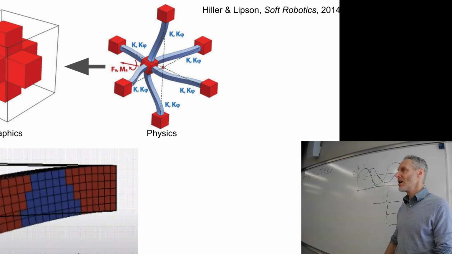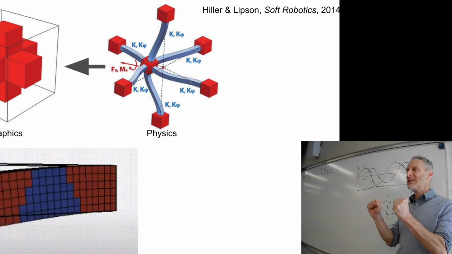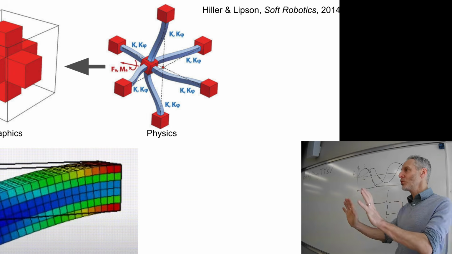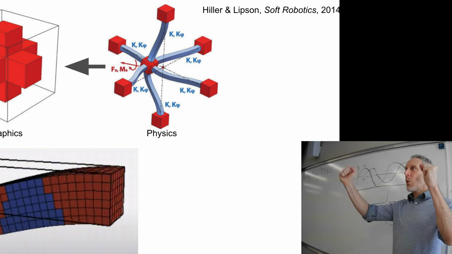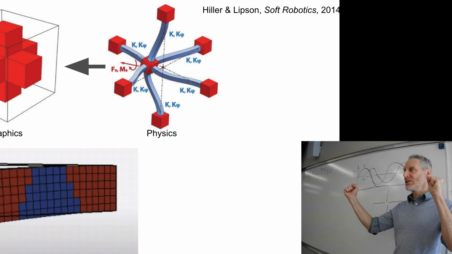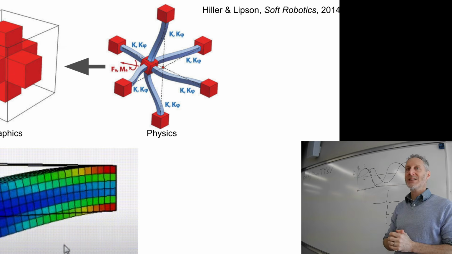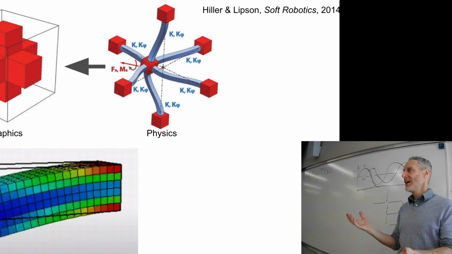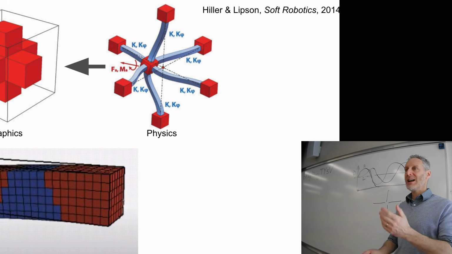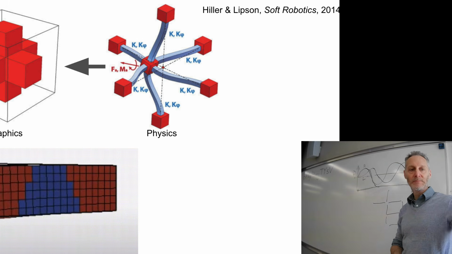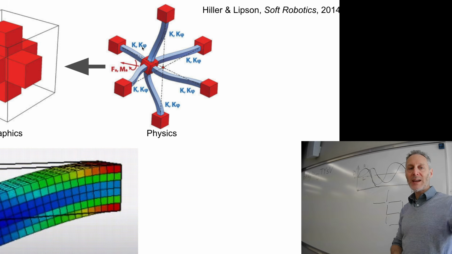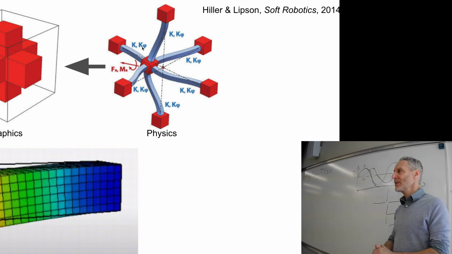How much that material resists being pushed or pulled upon, that's K. So a big wound coil of steel is a spring that has a very high value of K. A slinky is a spring that has a very, very low value of K, stiffness. Okay, so what's the difference between K and K sub phi?